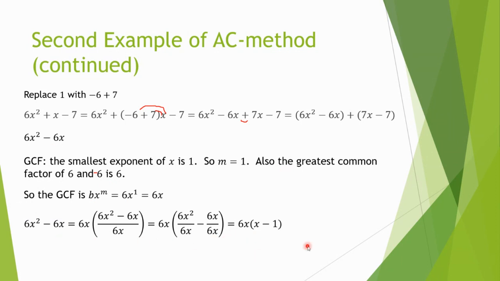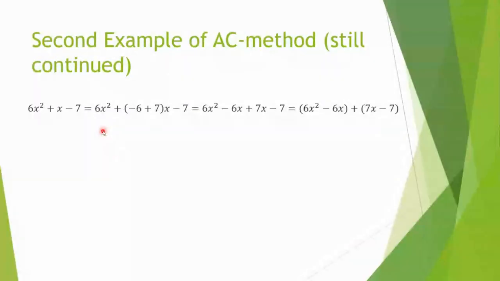Now we must handle the second group. For the second group, 7x minus 7, we're missing an x here. So in the GCF, that m must be 0. In other words, the GCF is only going to be a number. It's just like with the first group. We have 7 and negative 7 here.